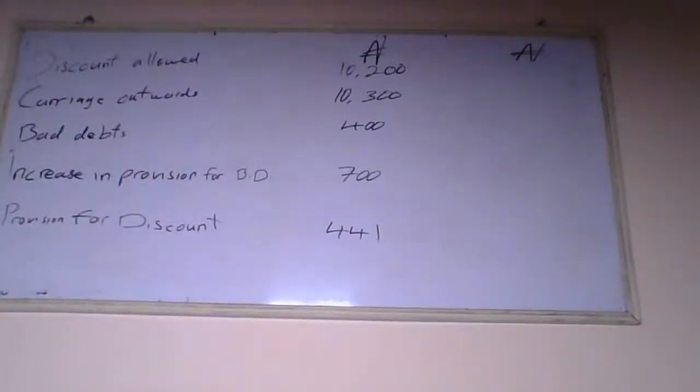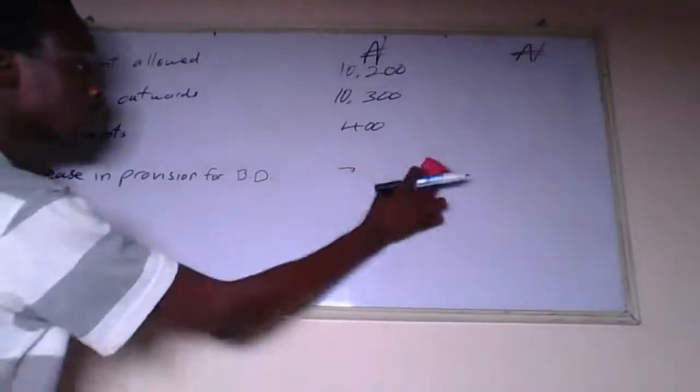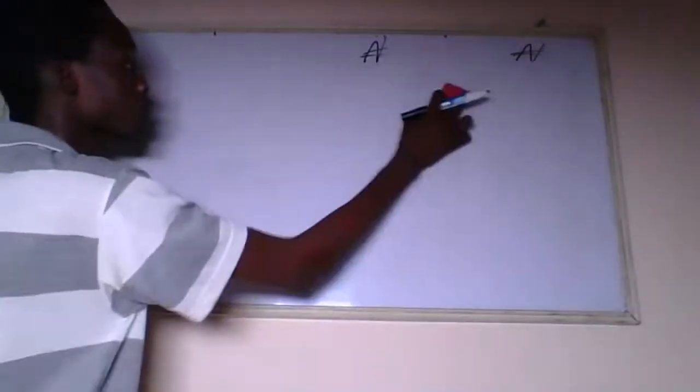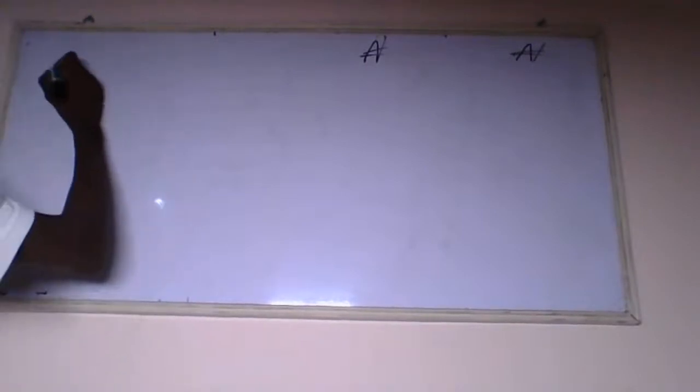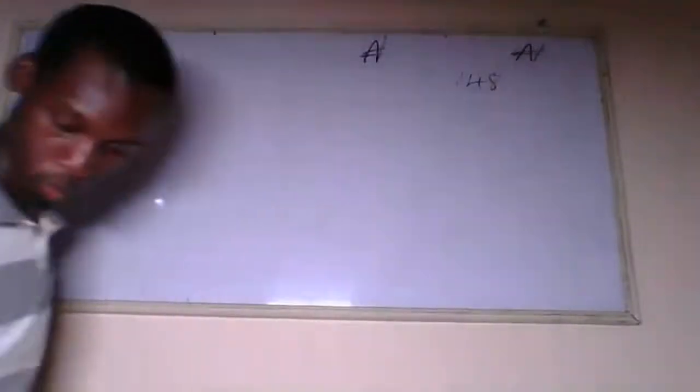So we're done listing out the expenses. Now you're going to total all the amounts together. Now let's recall the balance we had after we added our other incomes, which gives us, okay, and then this.